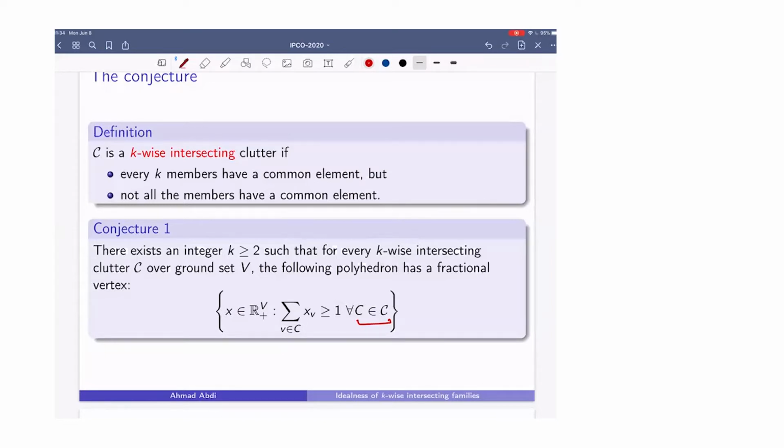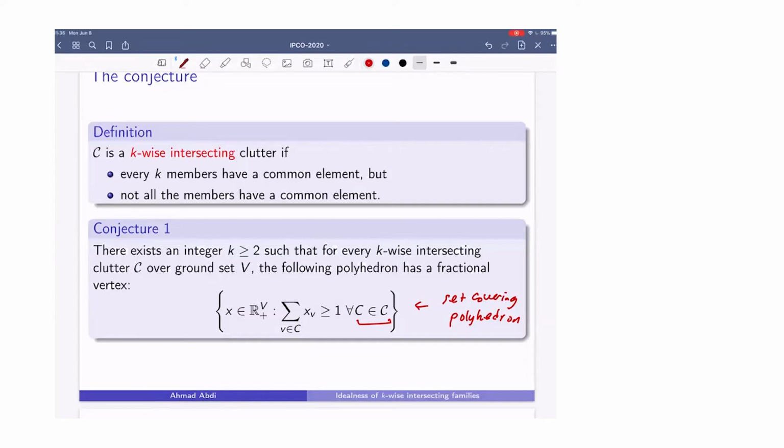All right, so this is referred to as a set covering polyhedron. All right. Is the conjecture clear? That's the main message of our paper. That's this conjecture.